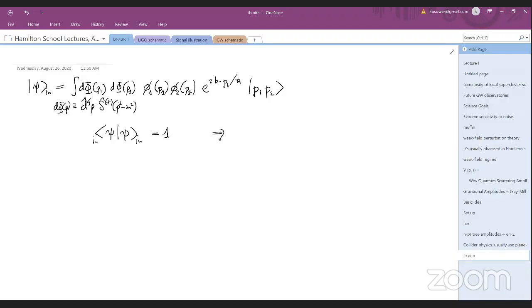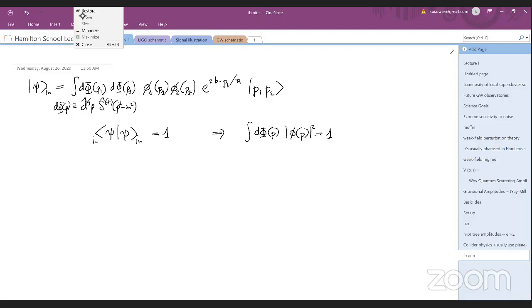And that's basically going to tell us that we have a normalization condition that says that the square of the wave function should be equal to 1. You get a delta function from the momentum state overlap, and that collapses the double integral to a single integral. And then this is the correct normalization condition.